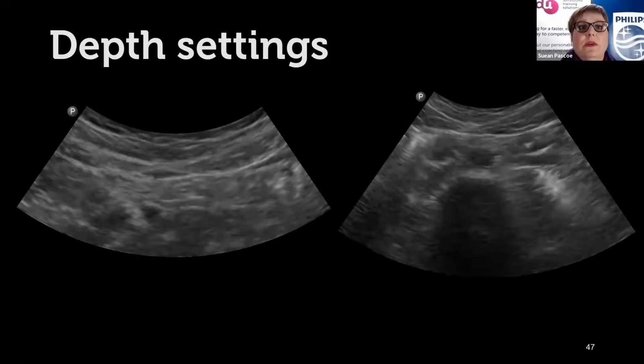And this one's pulsatile at least, so it's easy to make the mistake. But again, it comes back to when you're first scanning, wherever in the softer part of the belly, pop the probe on, find your vertebral body first as the landmark for the window, and then adjust your depth so that you can see where the aorta is.